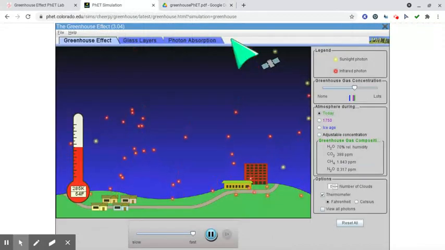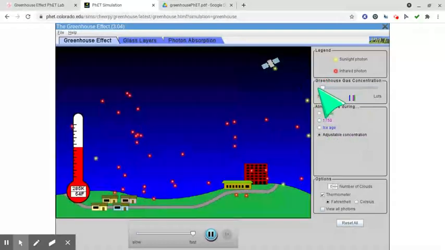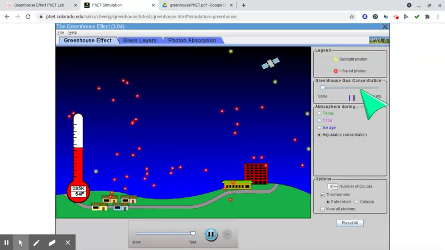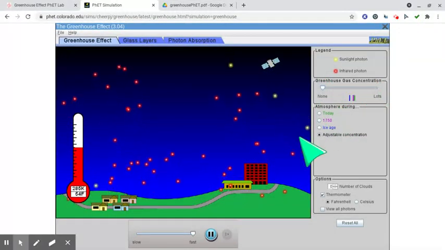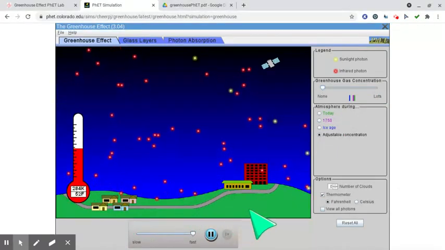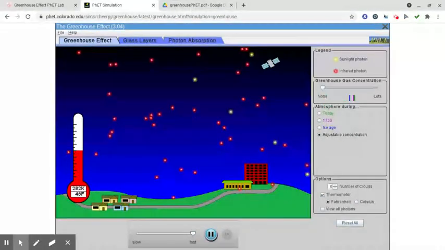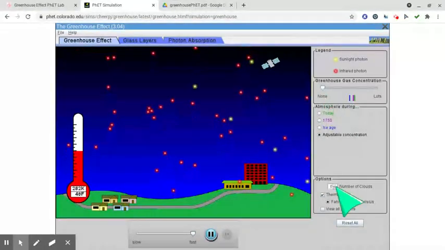Well, let's say there was none. We're going to move the greenhouse gas concentration to none and see what happens. So we still have the buildings of today, and we still have the grass and stuff of today. But what happens if we have no atmosphere? And that's what we did here. We took away everything.